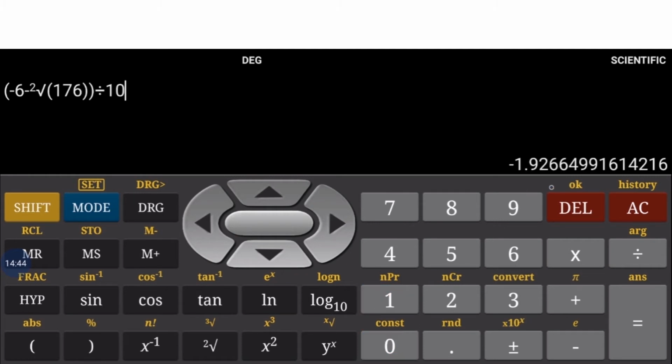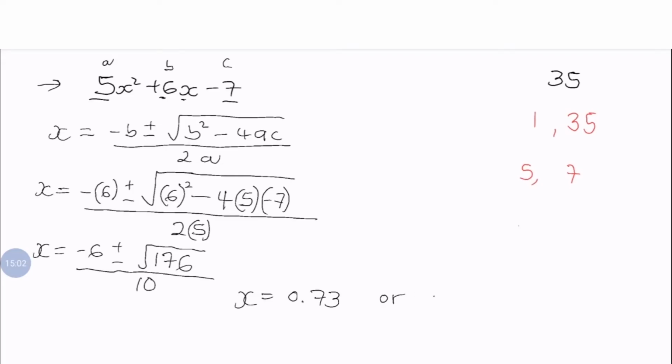So now we get an answer of -1.926664. We are supposed to give it to 2 decimal places, so our answer is -1.93. That means x is equal to -1.93. So now you have solved for x.